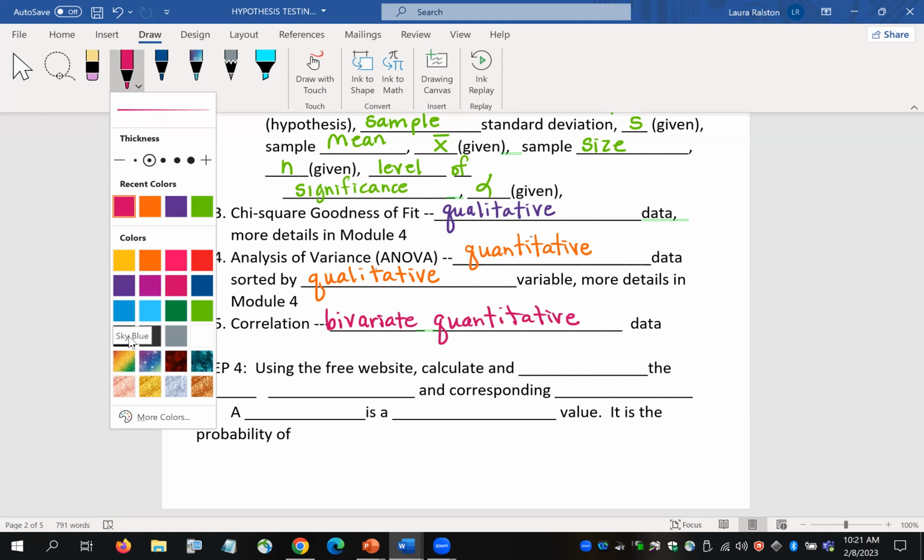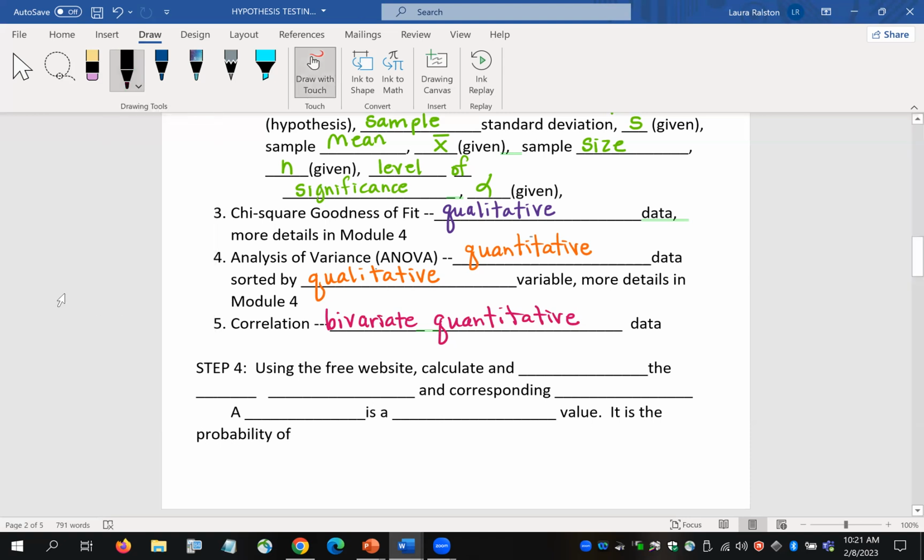So continuing on with this process, and again, I have a typo. We're going to be using Minitab, not a free website. We will use app.minitab.com.